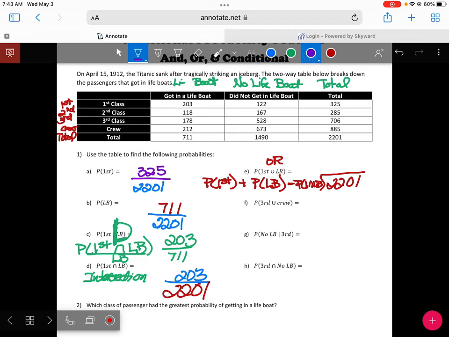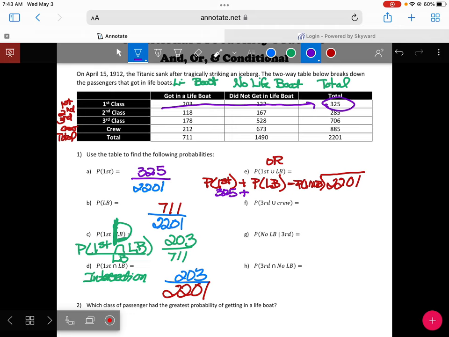So what is the probability that someone was in first class? Or what is the number? Let's start with that, because we have the bottom number already. 325, good. Because here's first class. That's everybody that was there. What is the probability that someone was on the lifeboat? Somebody else, give me an answer.